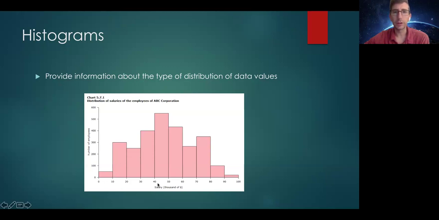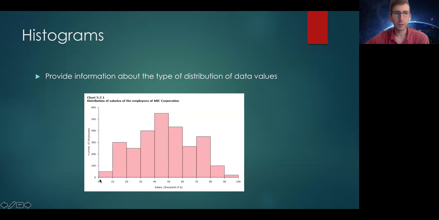So the way to read this histogram is that your salary in thousands of dollars is between 0 and 10, so between 0 and $10,000 in this example. And then we've got this other cutoff between 10 and 20,000, 20 to 30,000, 30 to 40, 40 to 50, 50 to 60, and so on.